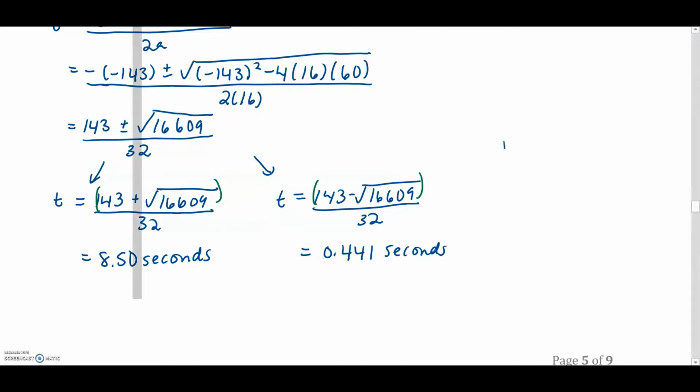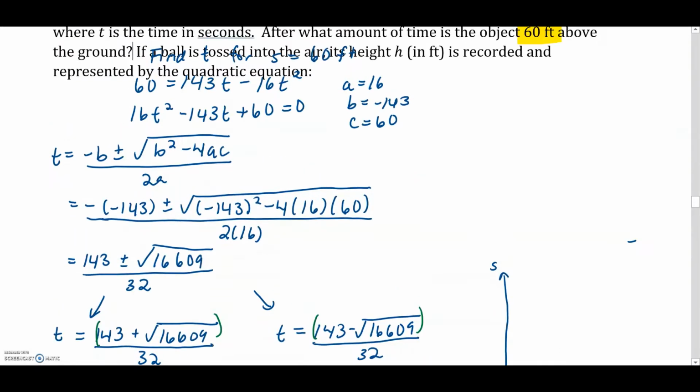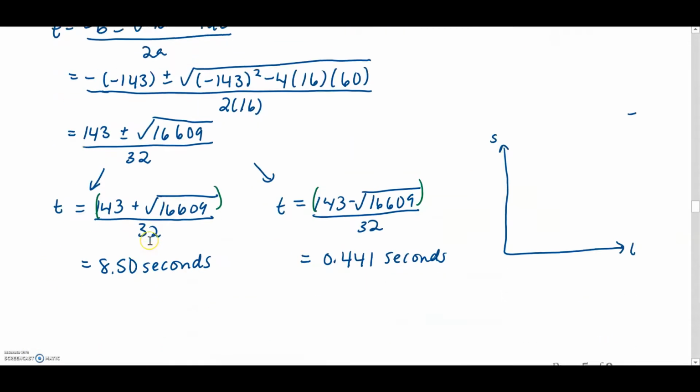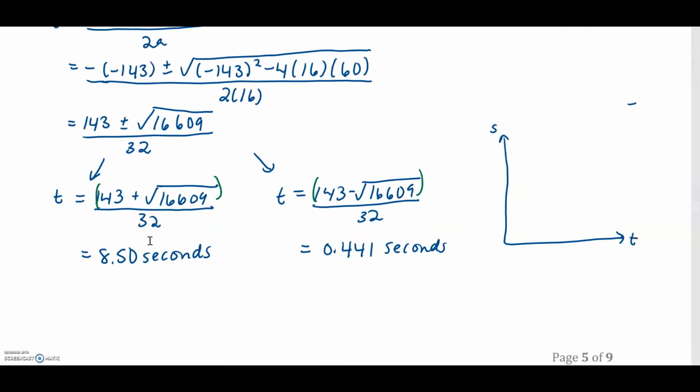Graphically, what this problem looks like is we have the height above the ground, s, the amount of time that has passed, which we call t, and we have a parabola that opens down. You can see that the maximum height is reached up here at the vertex, and we're looking specifically for when the height is 60 feet above the ground.